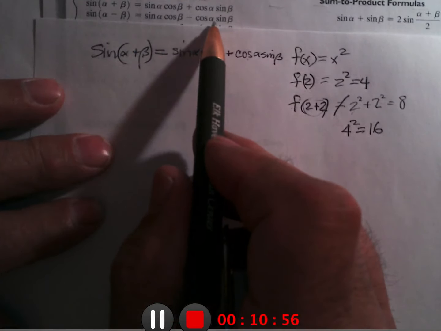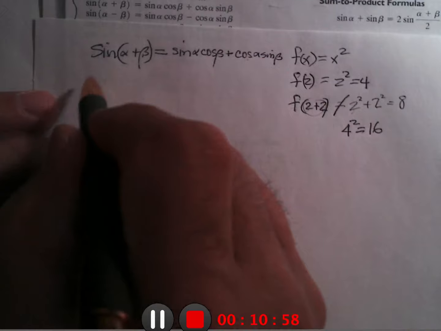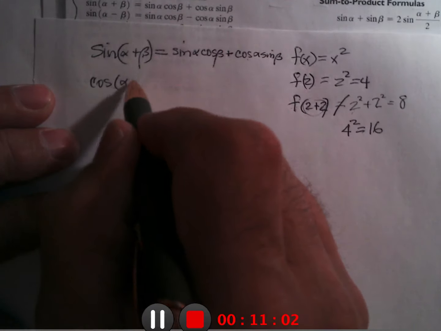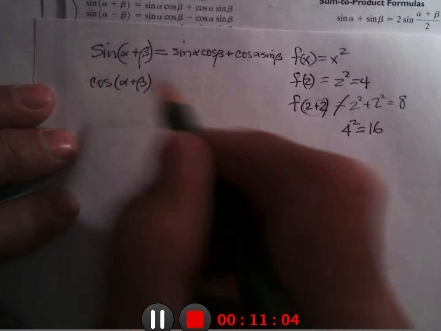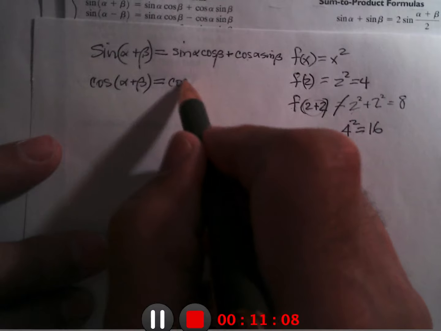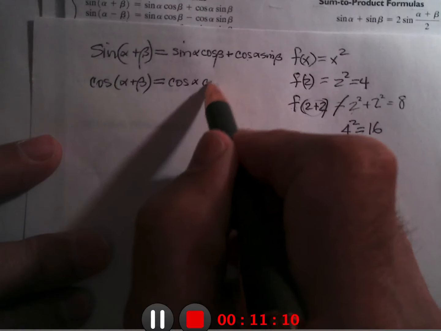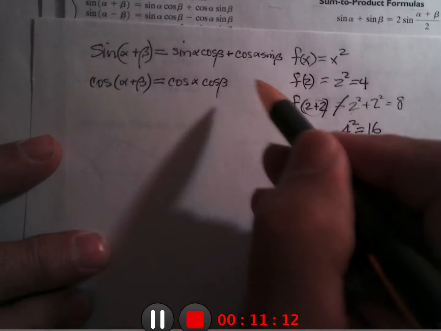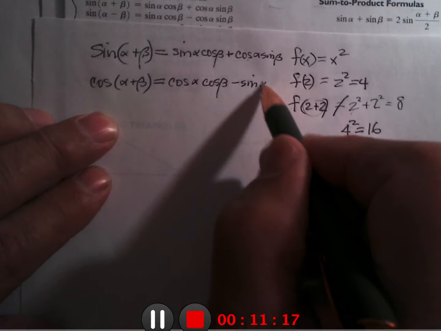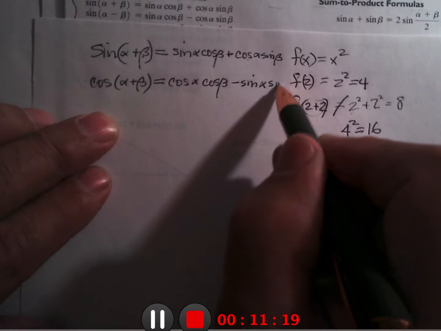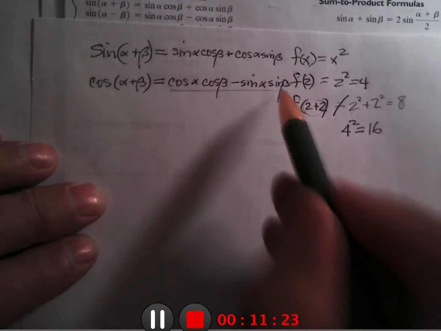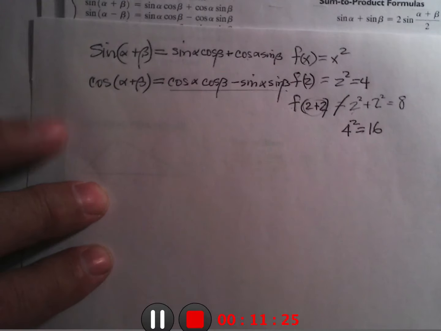Now, what do you do for cosine of two angles added? Well, that one turns out to be the cosine of the first, cosine of the second, minus sine of the first, sine of the second. Once again, I'm not deriving this. I'm just telling you that's what you have to do if you got plus.